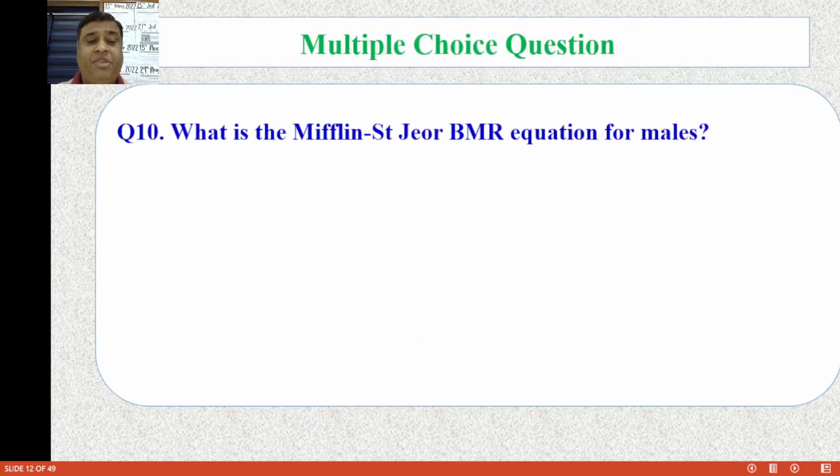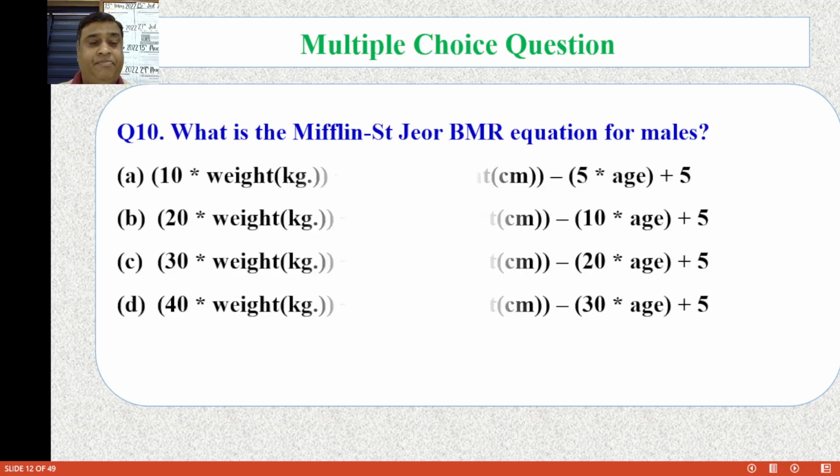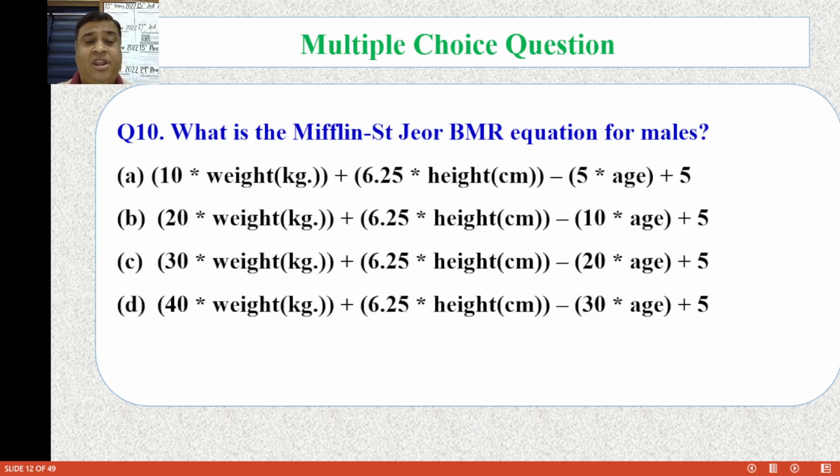Now question number 10: What is the Mifflin-St Jeor BMR equation for males? Option A, 10 into weight in kgs plus 6.25 into height in centimeters minus 5 into age plus 5. Option B, 20 into weight in kgs plus 6.25 into height in centimeters minus 10 into age plus 5.